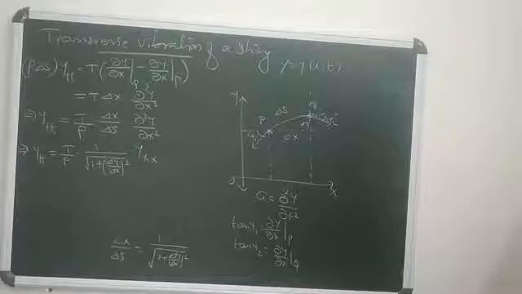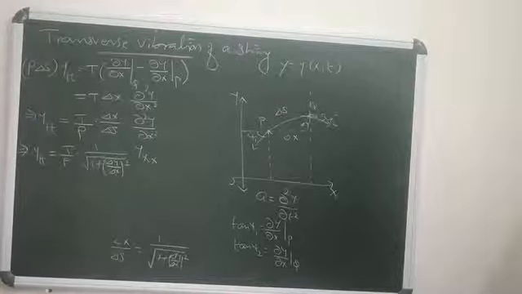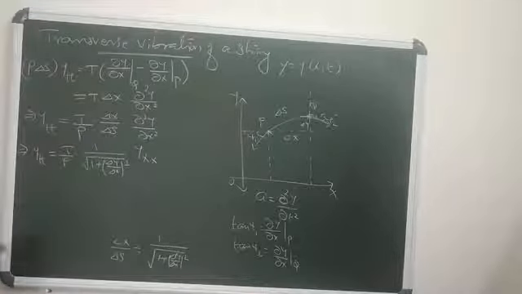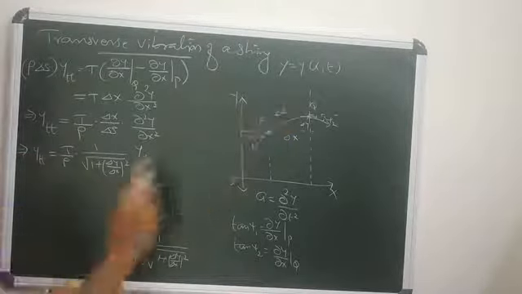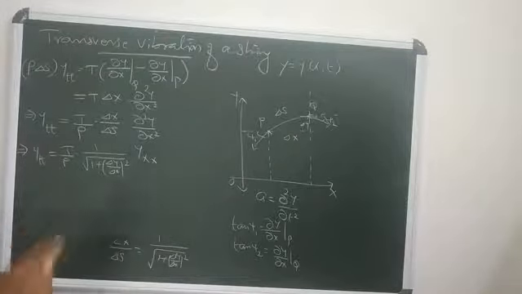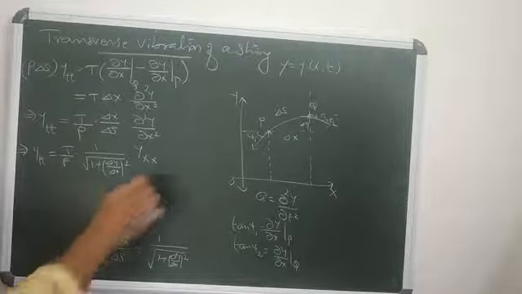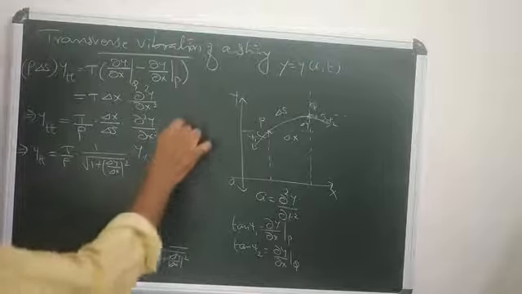Okay, but if mod of yx is less than or equal to 1, then when delta x goes to 0, delta y by delta x also goes to 0.